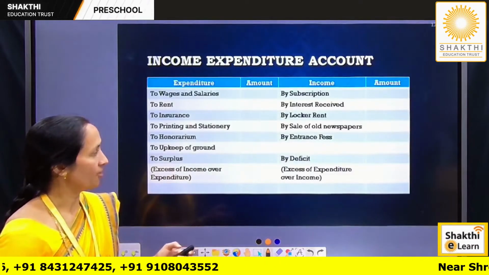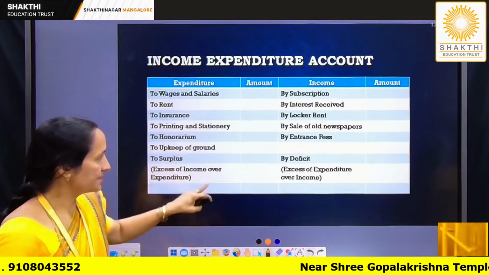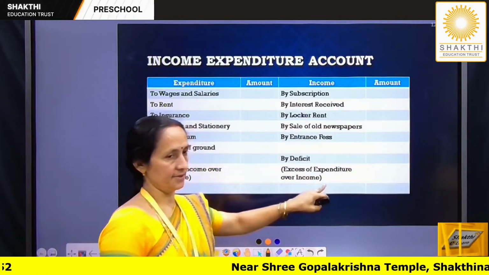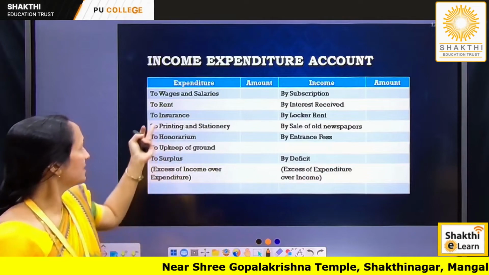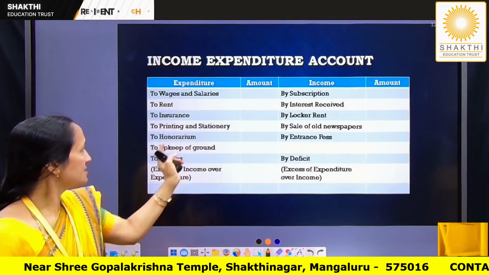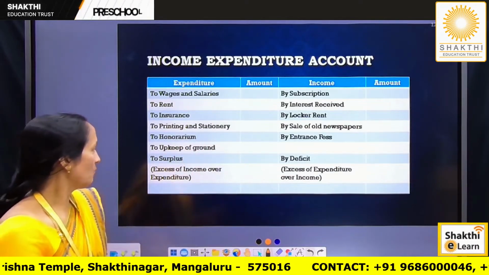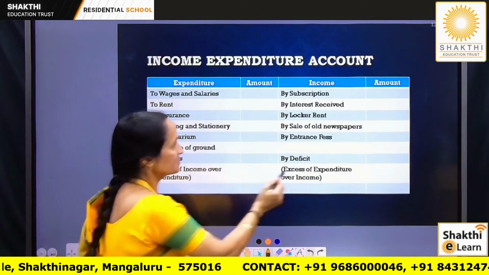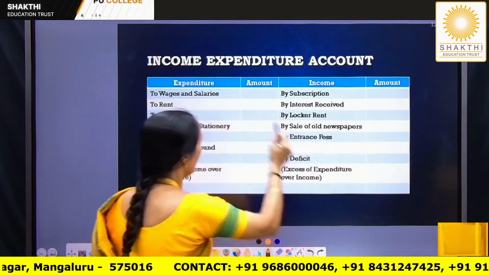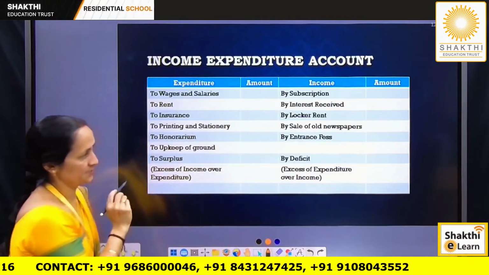Now what is the format? All the expenses on the debit side, incomes on the credit side. Right? So a few examples which I have written here: wages and salaries, rent, insurance, printing and stationery, honorarium, upkeep of ground, surplus. What is surplus? The difference between your income and expenditure, or excess of income over expenditure.